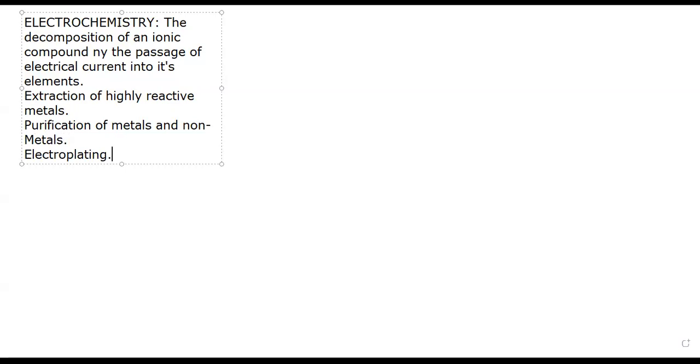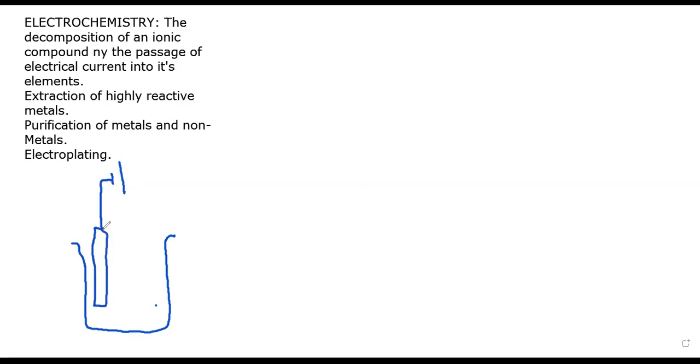If you remember, we used to do electrolysis with the help of an electrolytic cell. We had our power supply connected to our electrodes, the cathode and the anode. The anode was connected to the positive terminal and the cathode to the negative terminal.